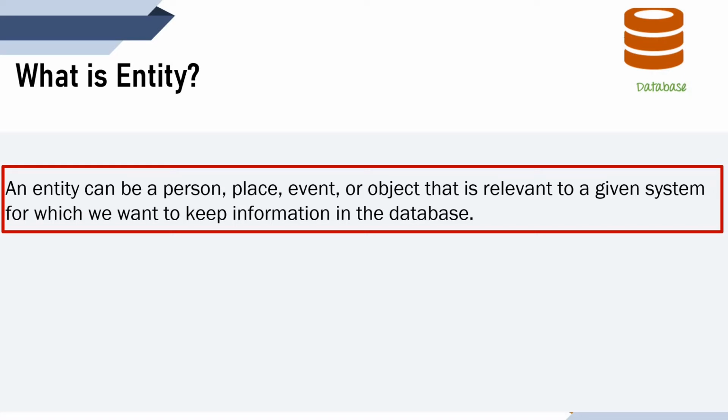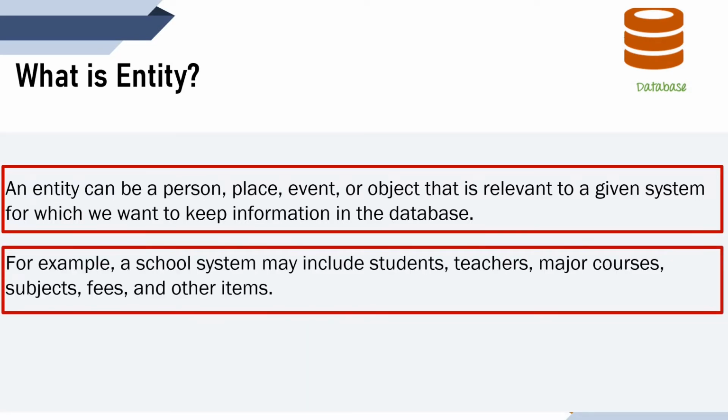Suppose whenever I am keeping information about the student, then student is an entity. A college system may include student, teachers, major courses, subject, fees, these things, they will be called as entity. Because about students, about teacher, about courses, about subjects, about fees, I want to keep information in the database.